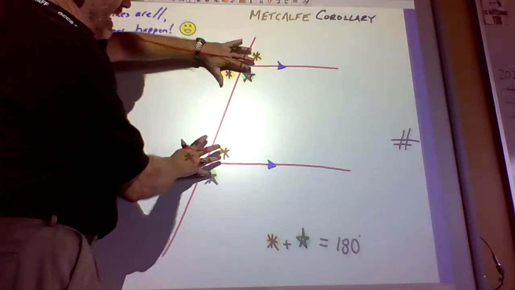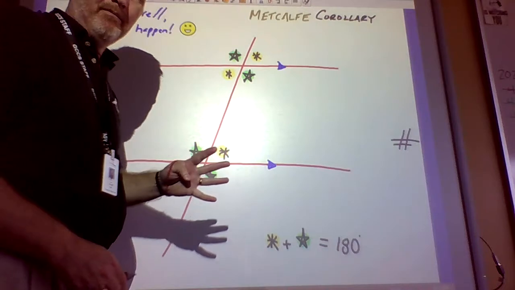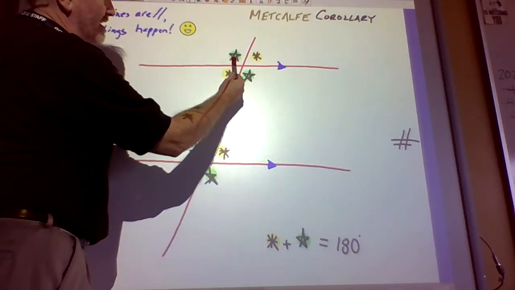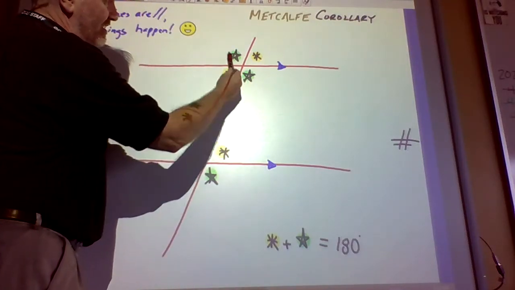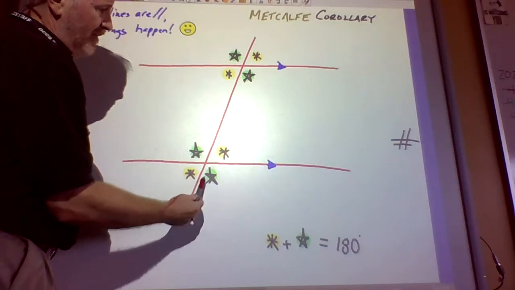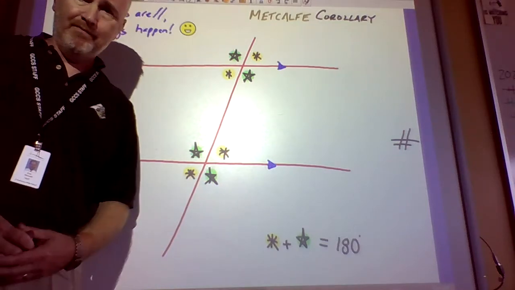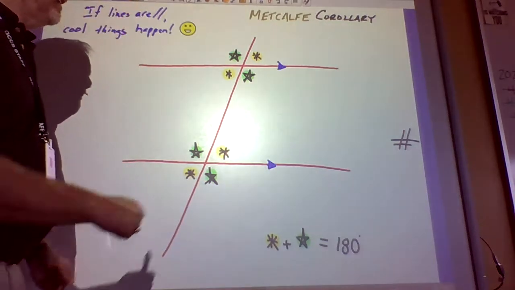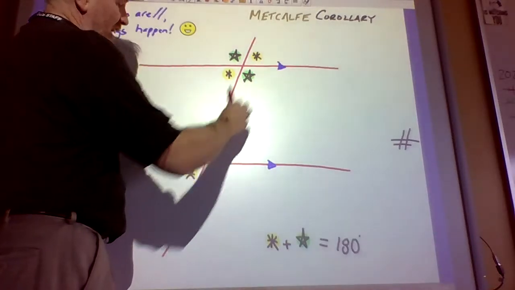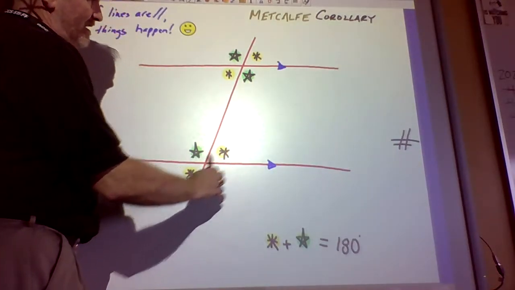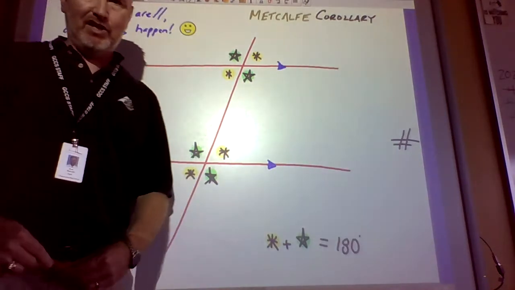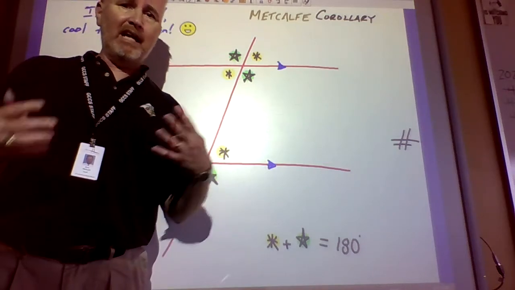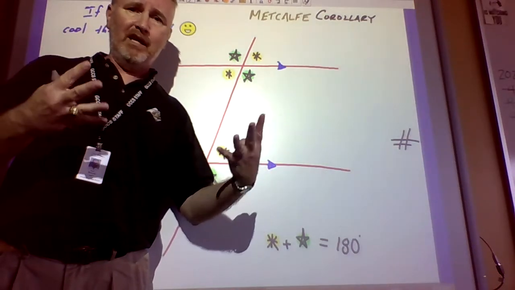You have the 8 angles. 4 of them will be the same. So you see I got 4 green stars, these two and these two. They'll always be the same, equal each other. And then I've got 4 of these yellow asterisk things. They will always be the same as each other, all right? So you got 8 angles, 4 are the same, and the other 4 are the same.